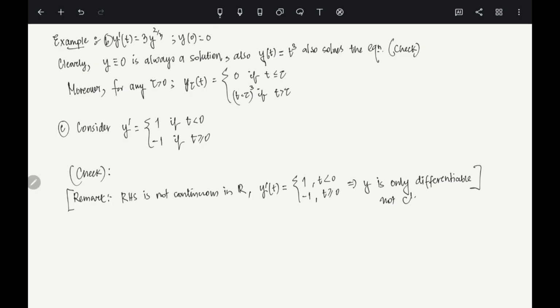Now you can check that there does not exist any solution. So you understand what I mean by a solution of this problem? There does not exist any solution.